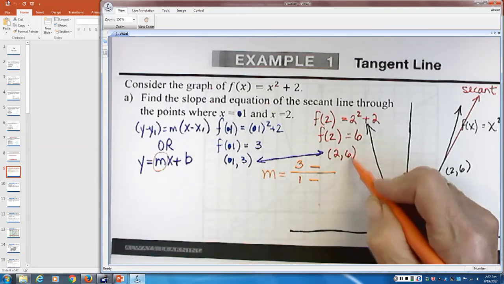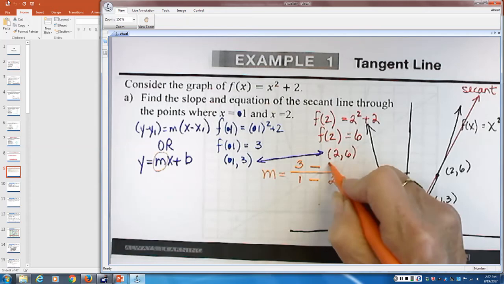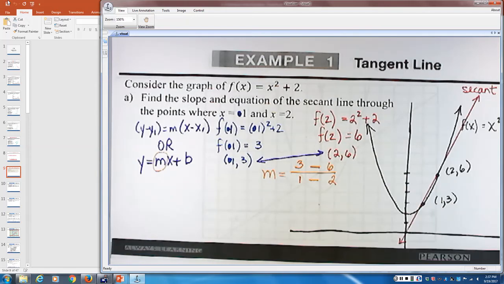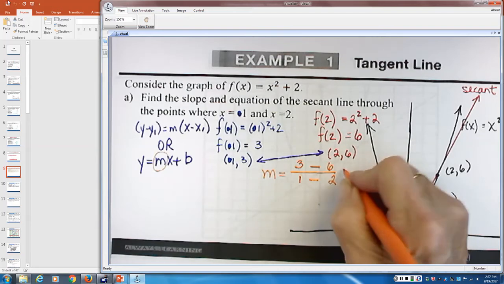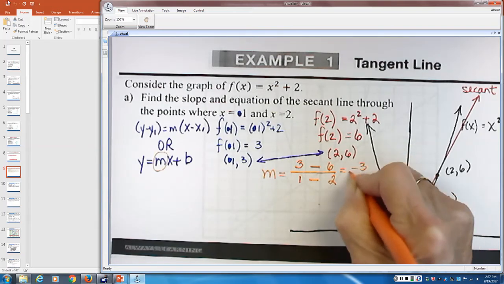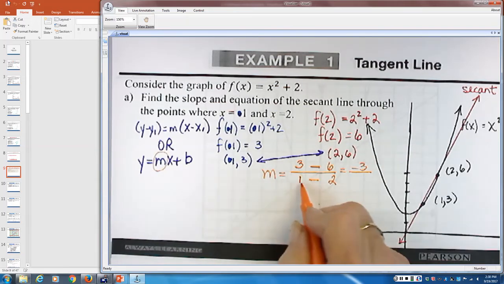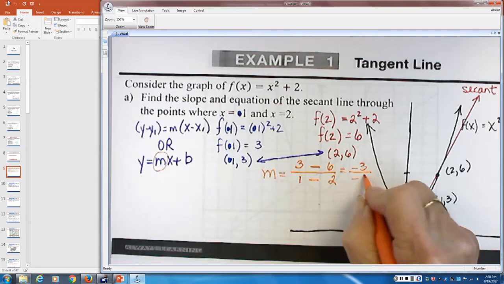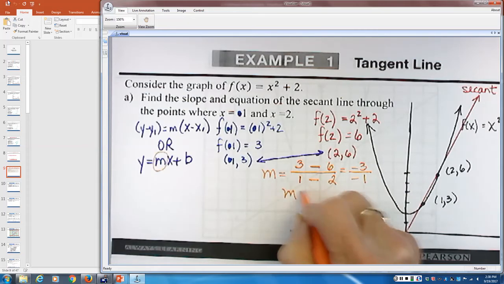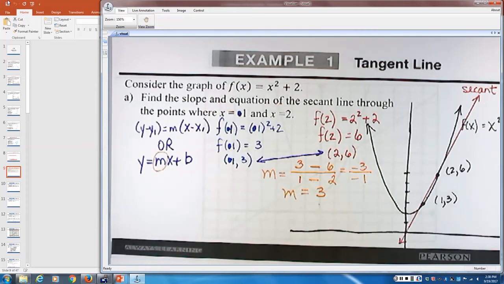And this one, 2, 6. And the key is just remember that you've got to keep those two together. So 3 minus 6 is negative 3. 1 minus 2 is negative 1. That means the slope of that line is 3.